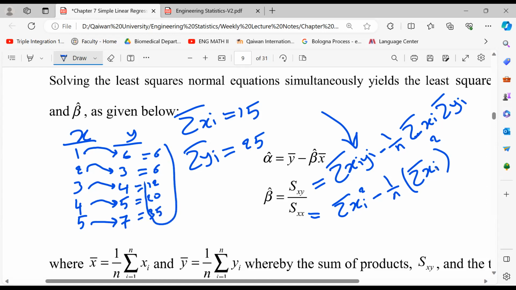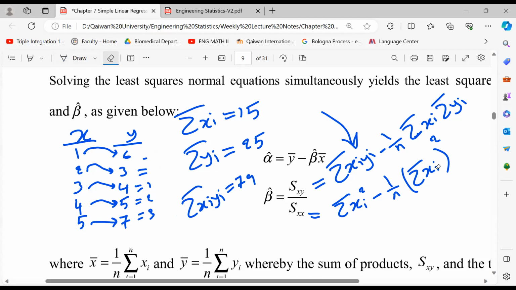The sum of these is the sum of xi times yi. 35 plus 20 plus 12 plus 6 plus 6 is 79. So now we have these three.